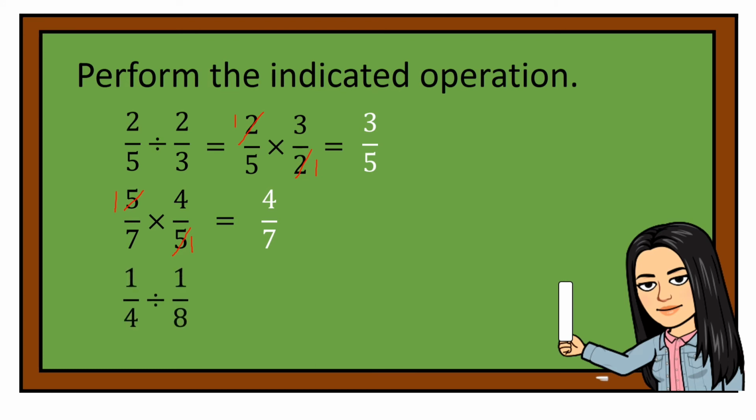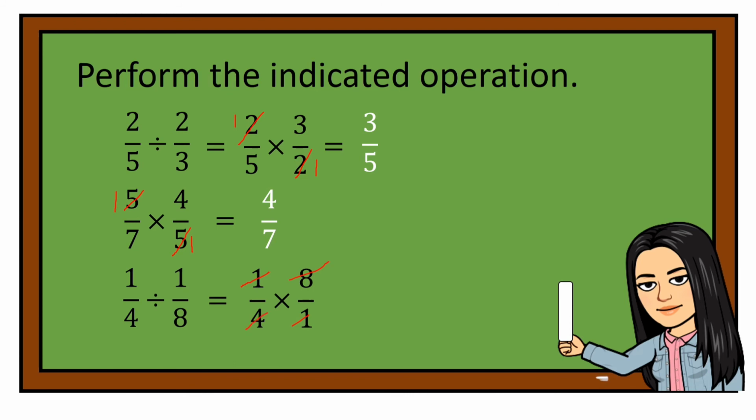Last example, 1 over 4 divided by 1 over 8. That would be equal to 1 over 4 times 8 over 1. So we can now simplify the common factors. So we have here 1 in the numerator, 1 in the denominator, and then 8 here, and then 4 in the denominator.